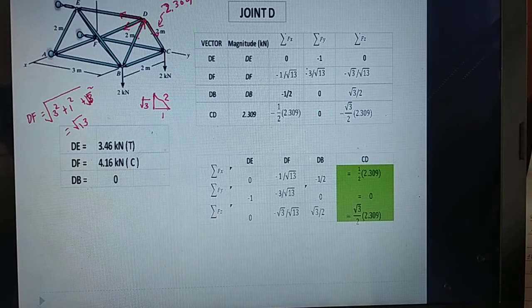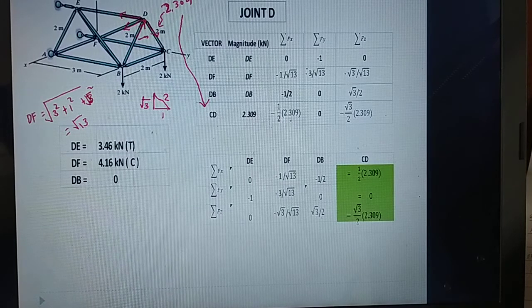And for DB, if this is going up, the z direction is positive, square root of 3 over 2. It has no component in the y direction, and the x-axis is negative 1 over 2. Then CD, which is what we computed in the preceding joint, 2.309.